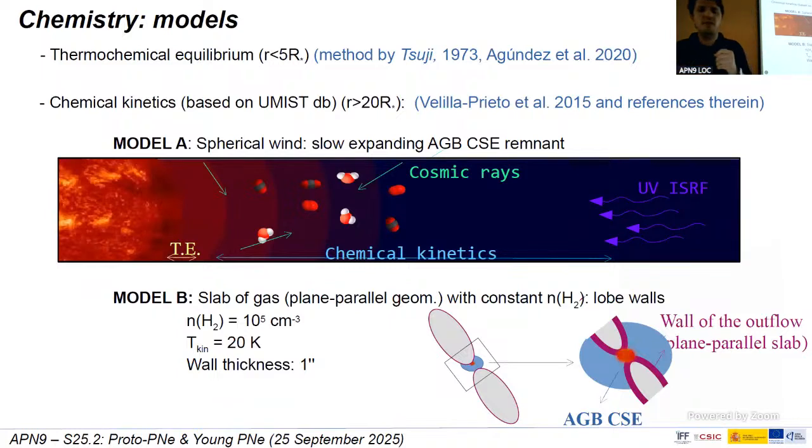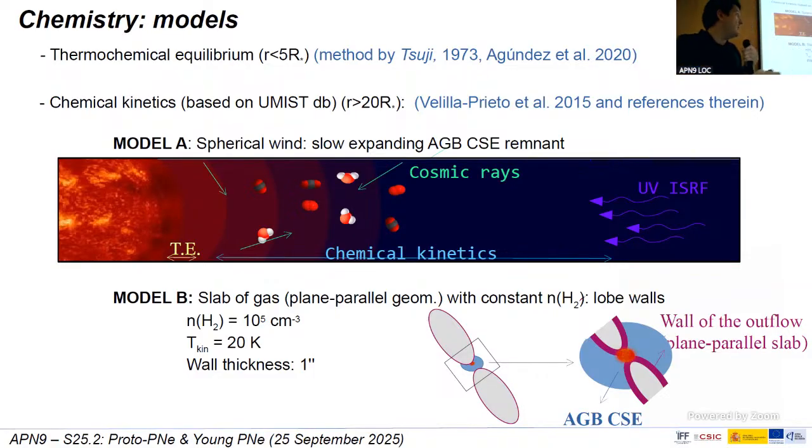For the chemistry, what we did is use the tools that we have at hand, and that includes chemical equilibrium models, which in fact are not very useful for this type of source because they are more suited to standard AGB envelopes and to the innermost region of these envelopes where you have high densities. But instead we use gas-phase chemical kinetics, and we branched this into two different models.